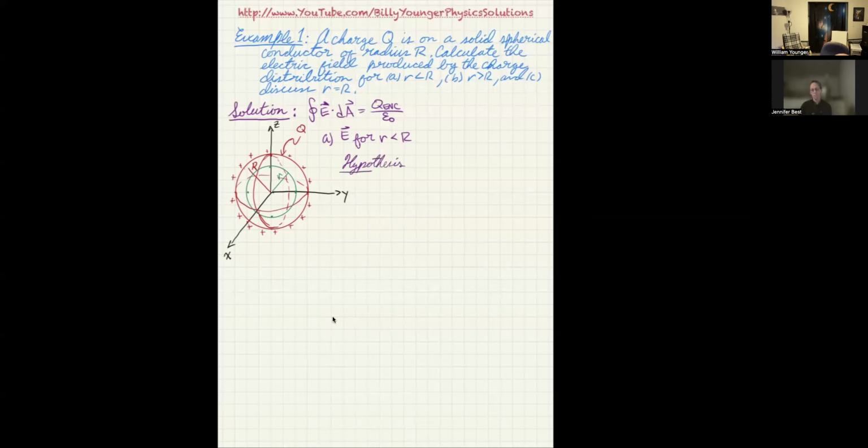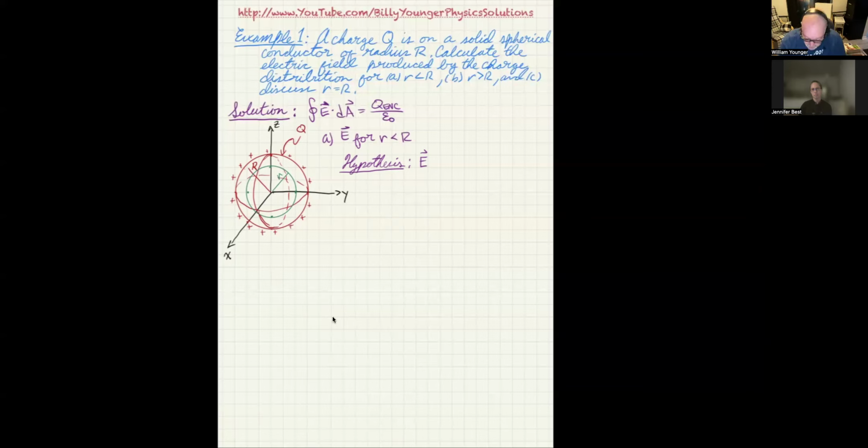So there's our hypothesis. What I'm trying to hypothesize is the magnitude, direction, and what the magnitude depends on, all that sort of stuff about the electric field for the region I'm talking about. Based on what we learned from the gravity chapter, when you have a spherical distribution of mass, the gravitational field points radially outward and shows all the hallmarks of a spherical distribution.